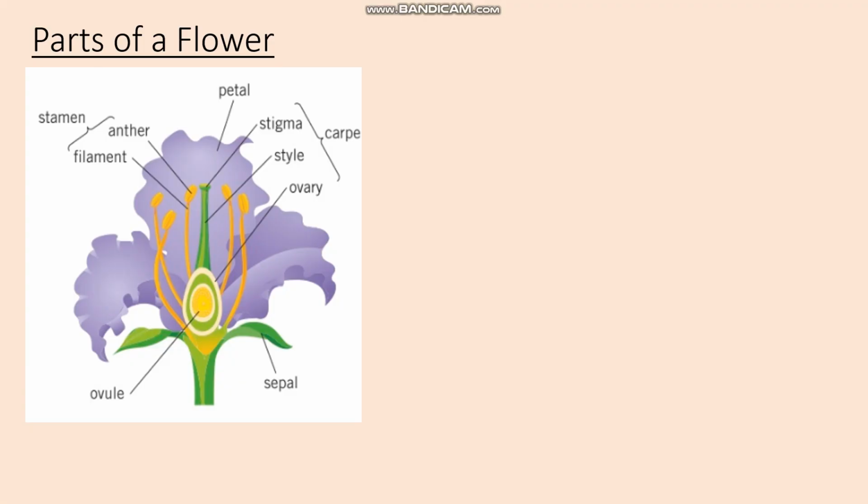The first thing that you need to be able to do is to identify the parts of a flower and be able to tell what those jobs are, the various parts. The first thing you should realise is that a plant, unlike most animals, has male and female parts.